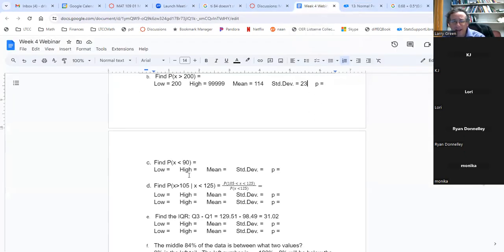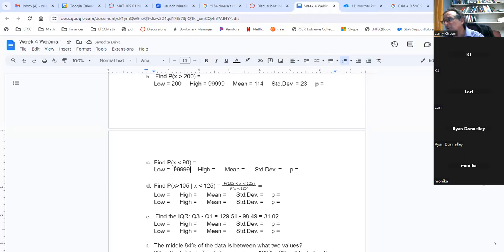How about the probability that x is less than 90? What's the low? Not 0. It's negative infinity. And we're going to use the same trick, now with 5 nines, but now it's going to be negative 99999.